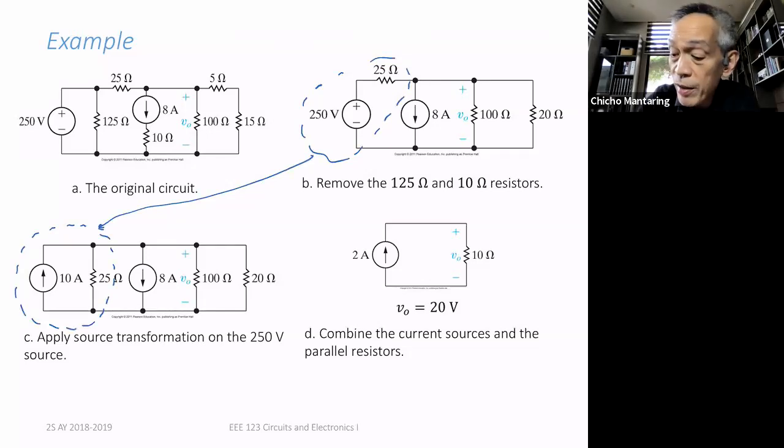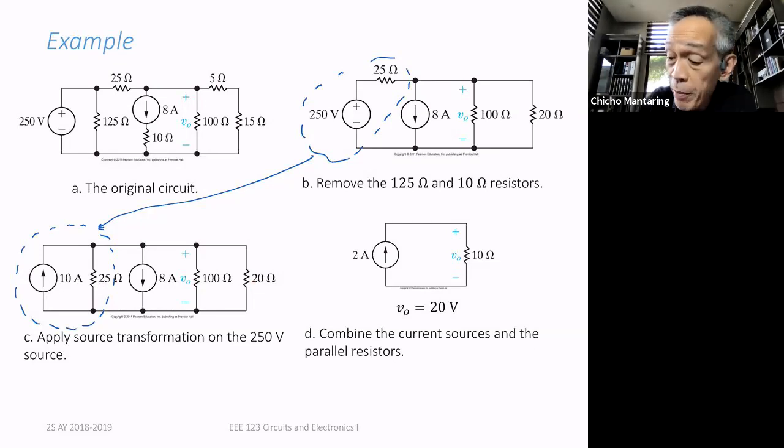And then notice now, I can combine the 10 ampere and the 8 ampere into a single current source. That's 2 amperes. Remember our sources in parallel. And then I can combine the 25 ohms, the 100 ohms, and the 20 ohms into a single resistor.